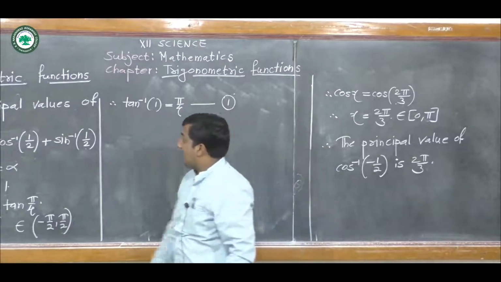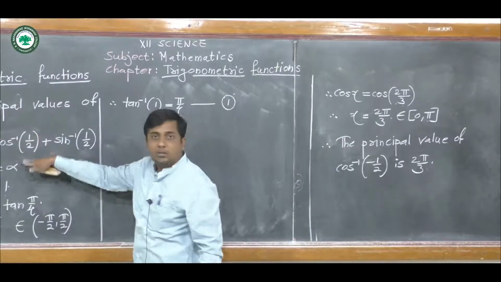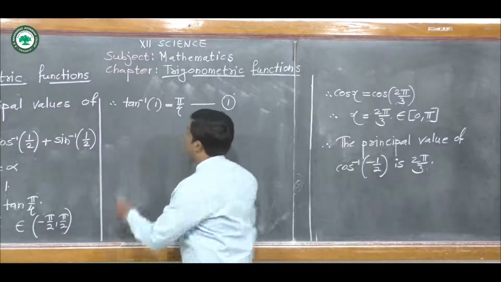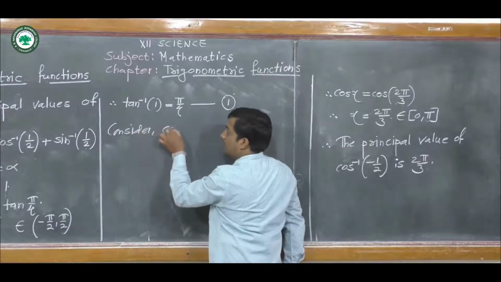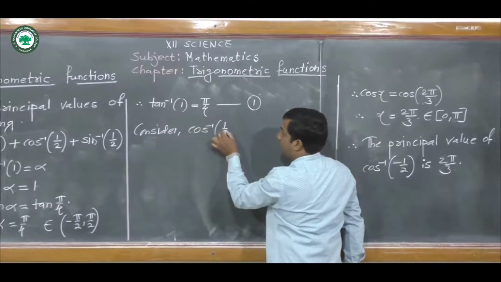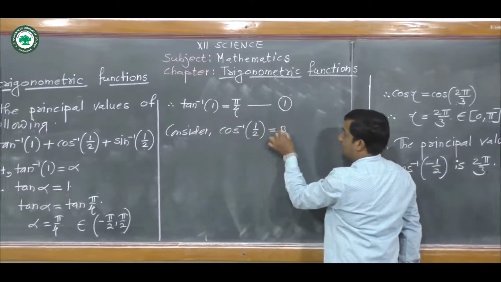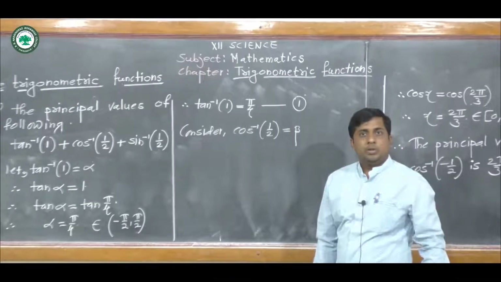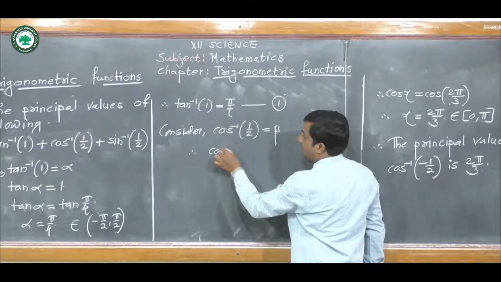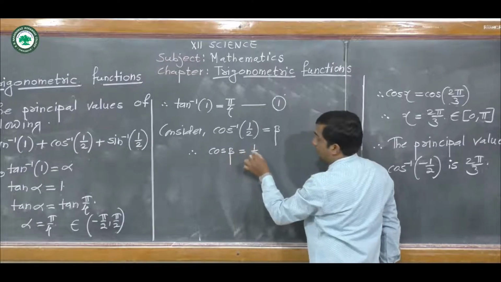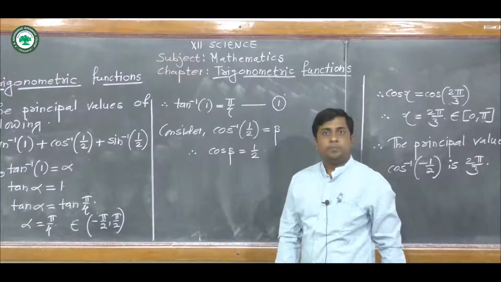Now we consider our second function and is cos inverse of 1 upon 2. Consider cos inverse of 1 upon 2 is equal to beta. Now by using our definition, here I write this as cos beta is equal to 1 upon 2.